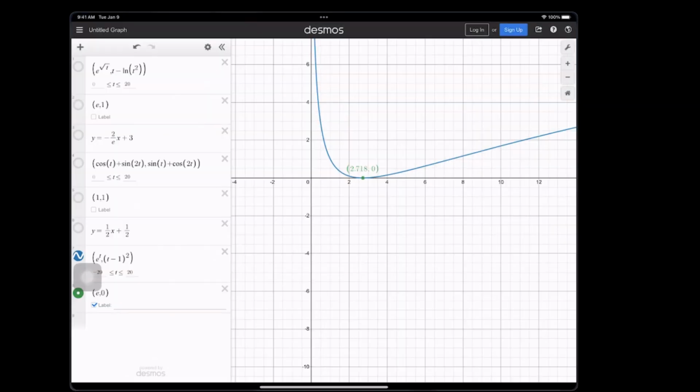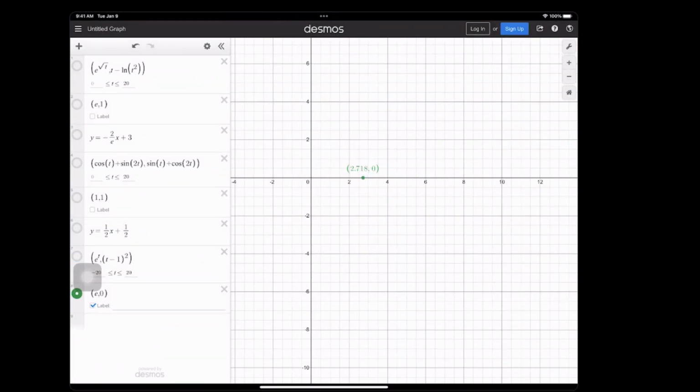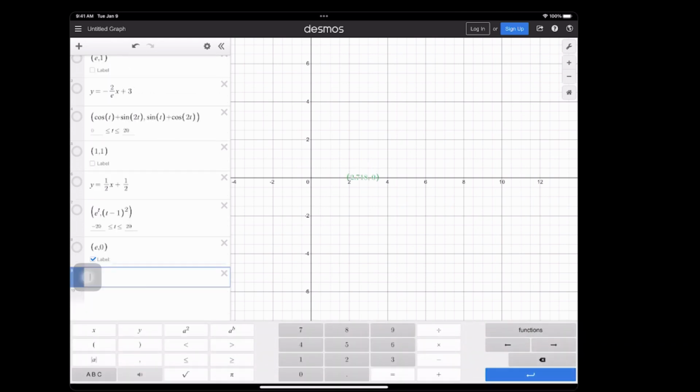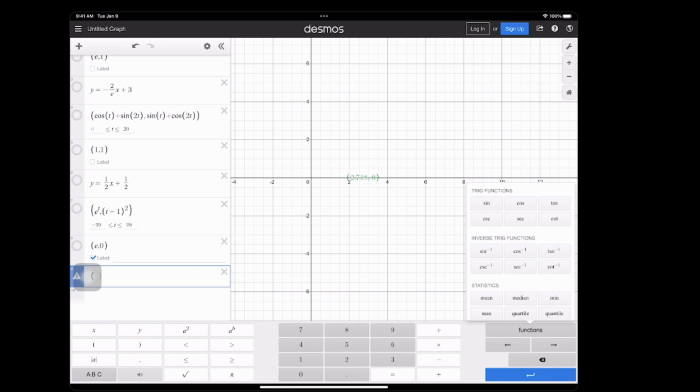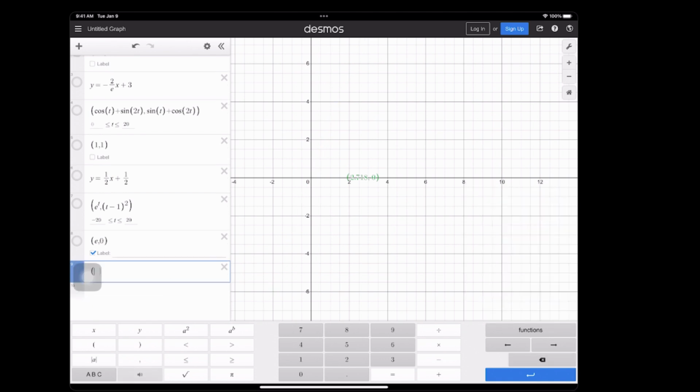So I'm kind of interested in Desmos here. Let me see if I can do that here, okay? So function, exponential function. You know what I'm going to do? I'm going to use e.